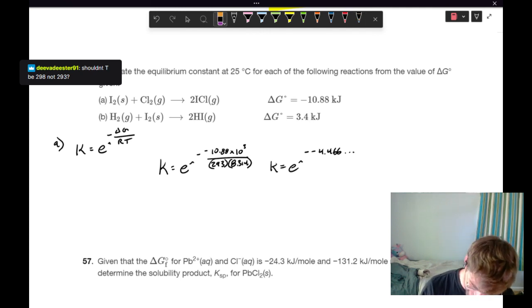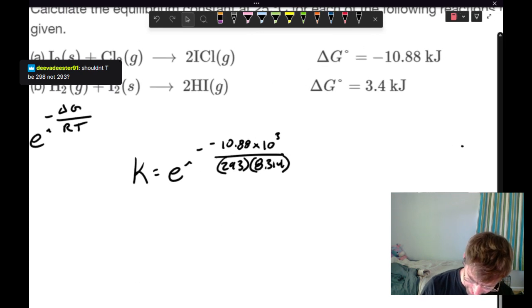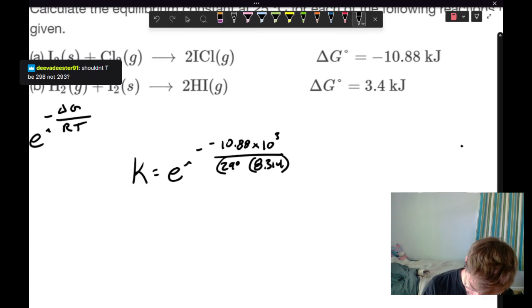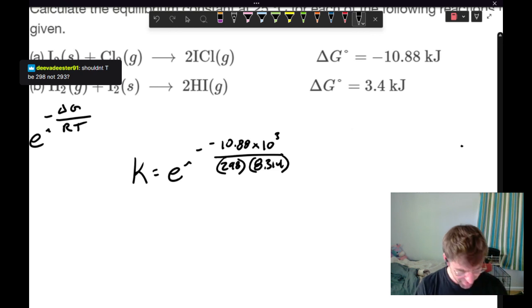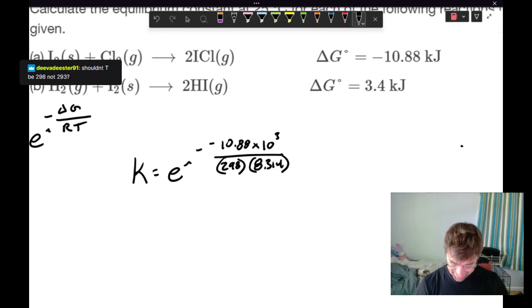Good catch. So my temperature value was incorrect. It should be 298. Let's try that. We've got 10.88 times 10 to the 3 divided by 298 divided by 8.314. That looks more right. So we've got e to the power of 4.39 something.